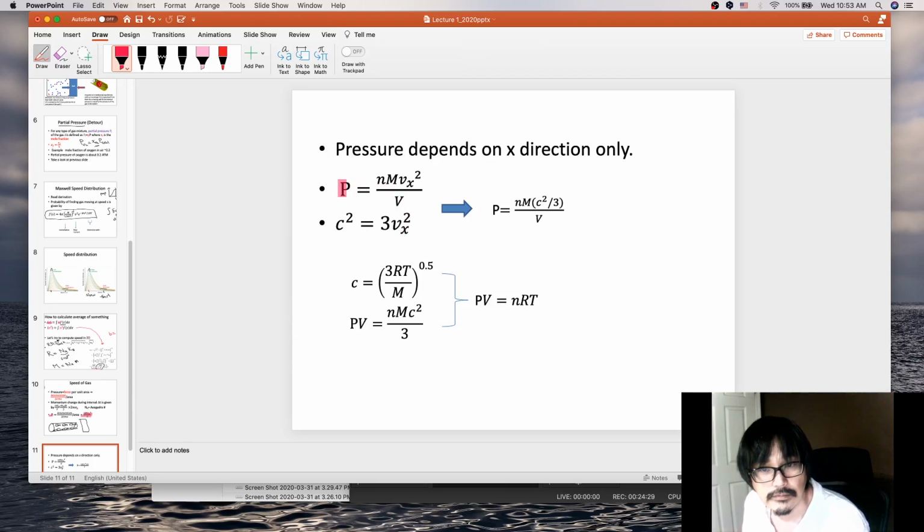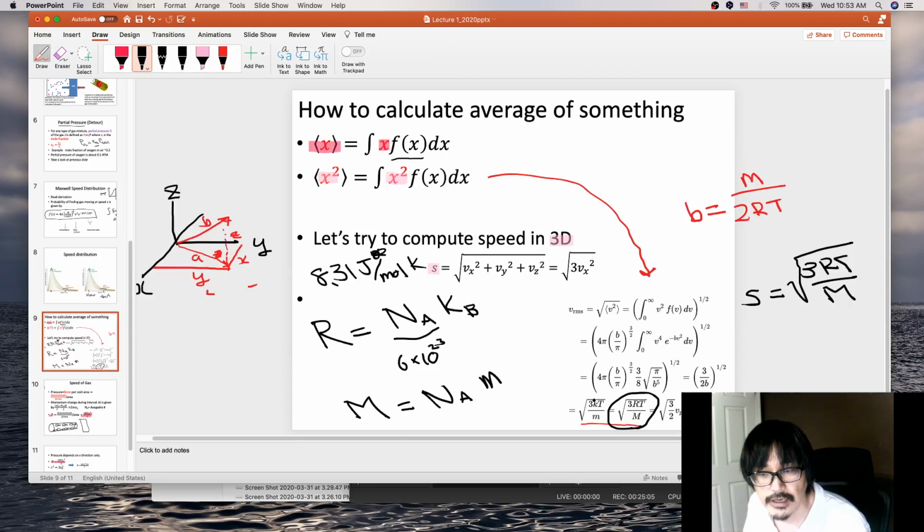So P is equal to n times the molar mass, multiplied by the speed in the x direction squared, divided by volume, right? And then also we have derived that the speed squared is equal to 3 times that of the x direction, which actually comes from that one right here, right?